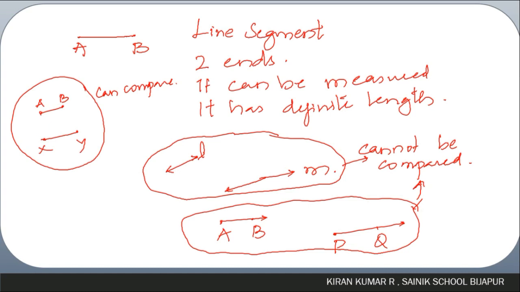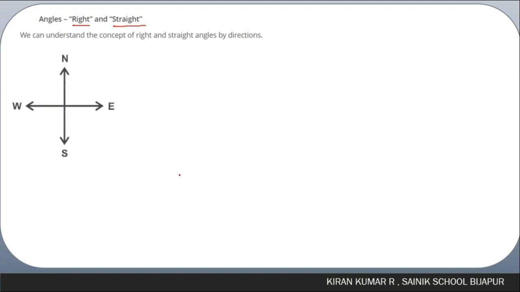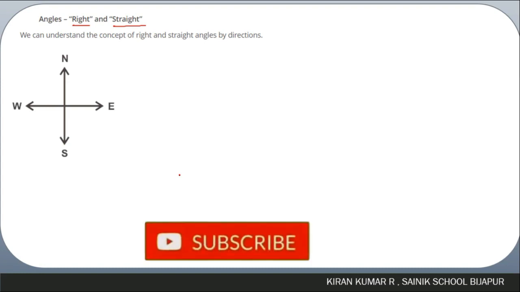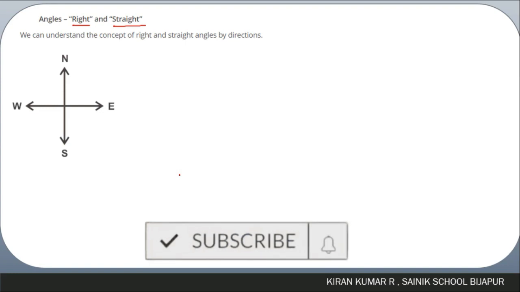The next concept is all about angles. First we will discuss the meaning of right angle and straight angle. We can understand this concept of right and straight angles by directions. Look at this. Here N represents north, E east, W west, S south.